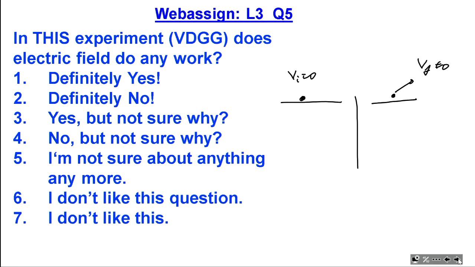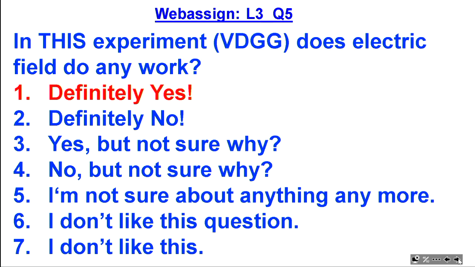It means kinetic energy of this peanut changed. And the change in the kinetic energy is equal to what? Net work, total work, net work. But in this situation, that's going to be the work done by electric field. So definitely, yes, electric field does work.